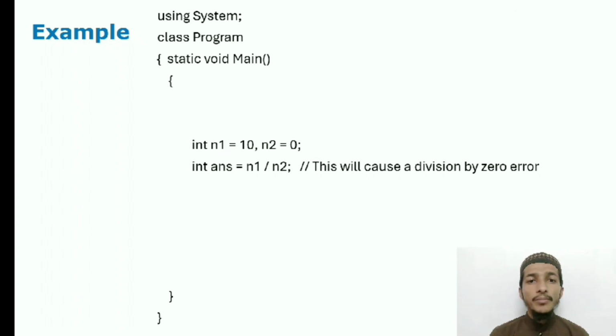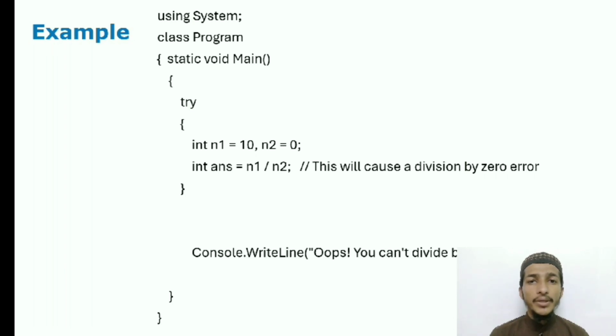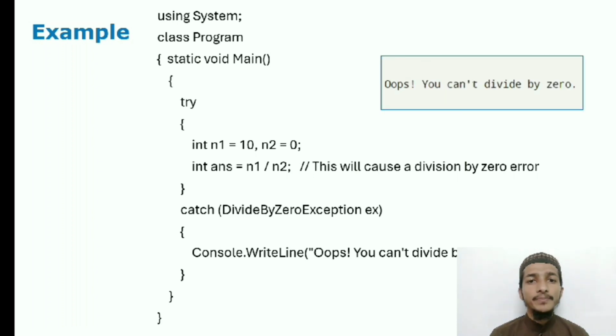So this code must be written inside the try block, and if an error occurs, we want to display a message: you can't divide a number by 0. So the message must be written inside the catch block. When we try to execute this piece of code, instead of crashing unexpectedly, it will show a user-friendly message: you can't divide a number by 0. Hope you understand the concept.